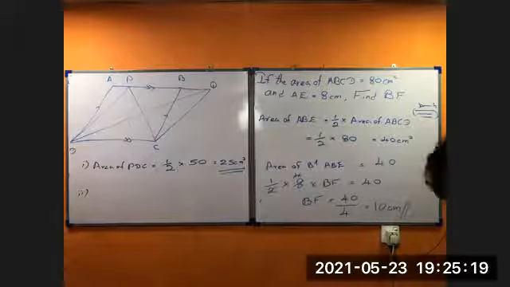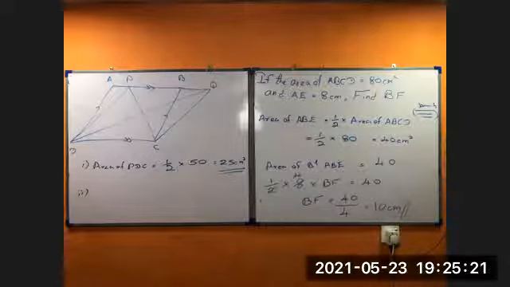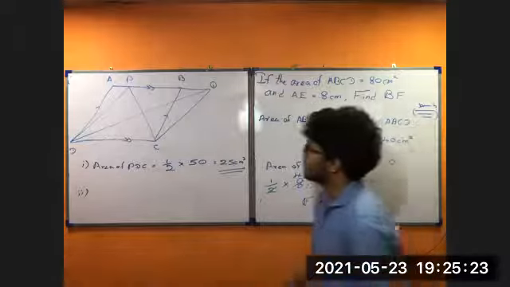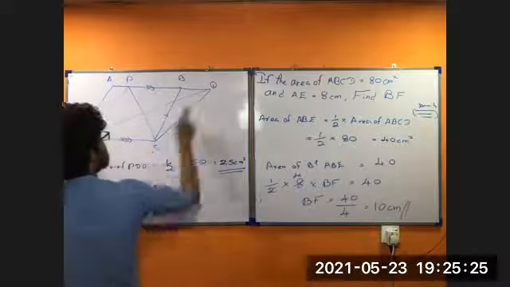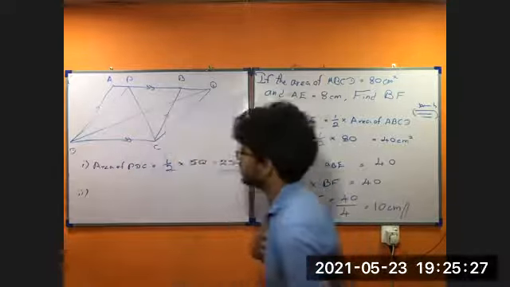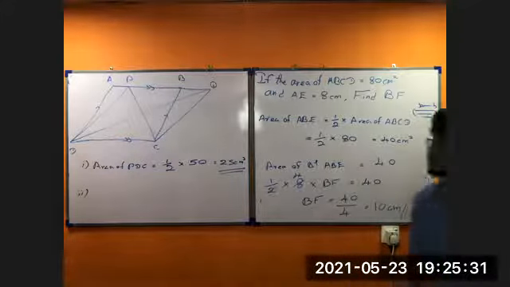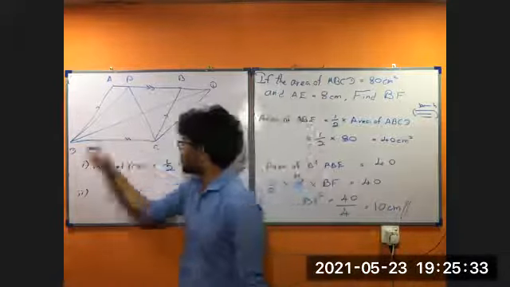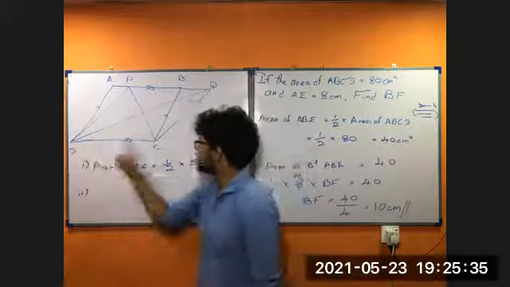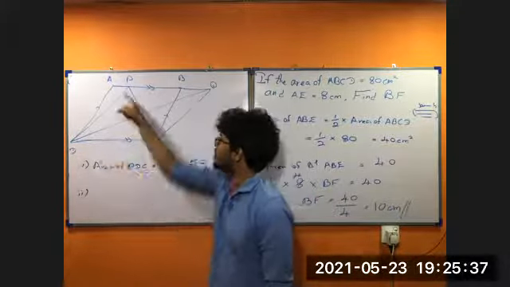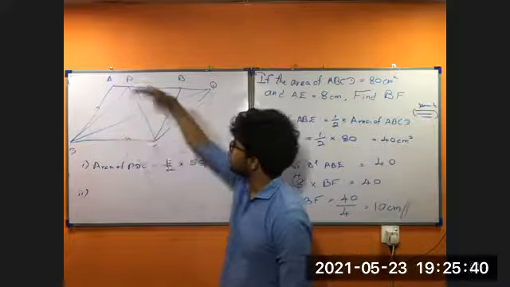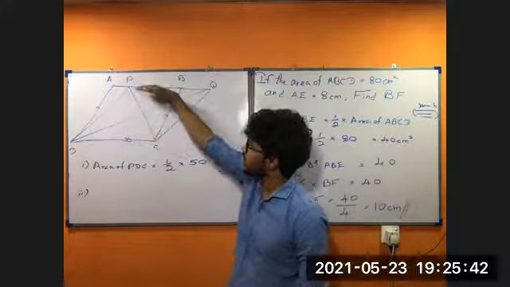Okay. What is the area of triangle DCQ? So again, this DCQ triangle also has the same base as the parallelogram and is between the same pair of parallel lines, right?